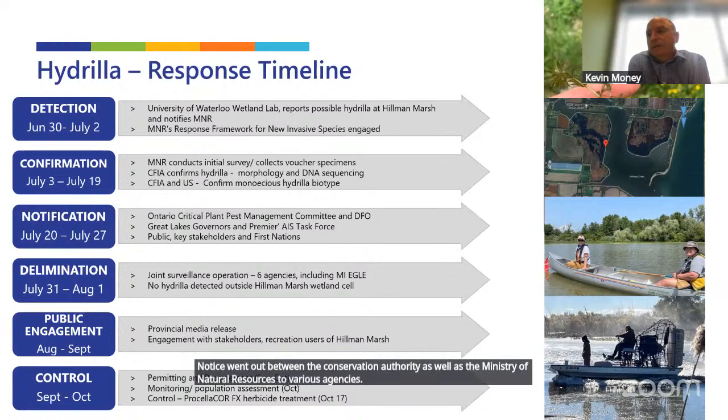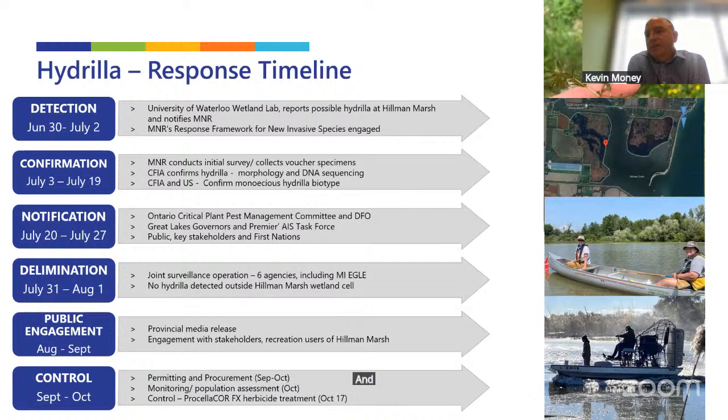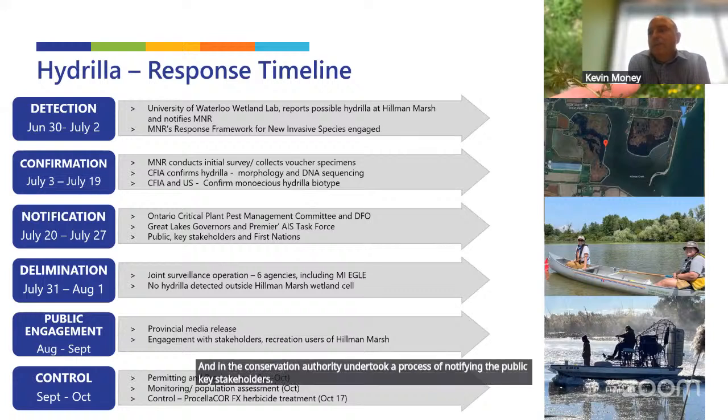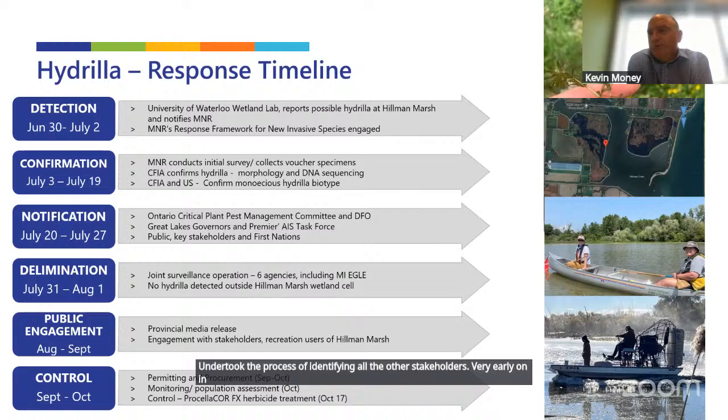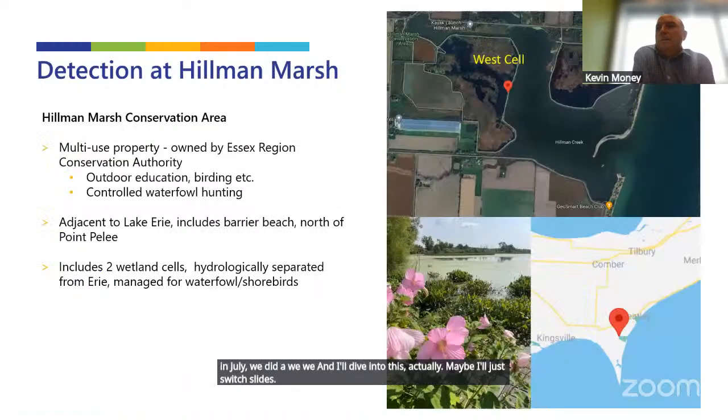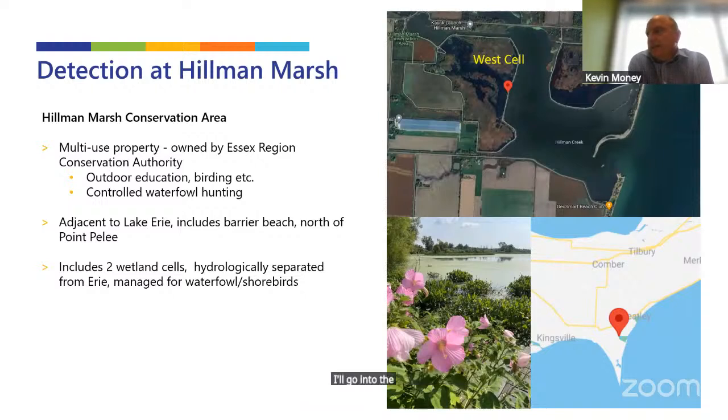The Conservation Authority undertook a process of notifying the public, key stakeholders, and First Nations, while the Ministry of Natural Resources undertook the process of identifying all the other stakeholders. Very early on in July, we did, and I'll dive into this, maybe I'll just switch slides. I'll go into the actual detection and have you understand what actually transpired.